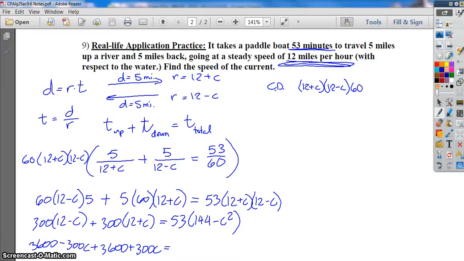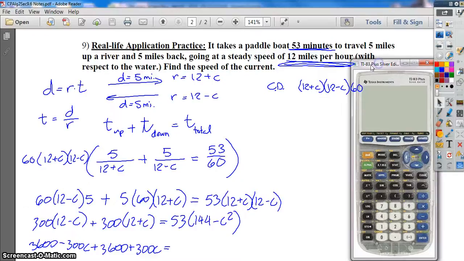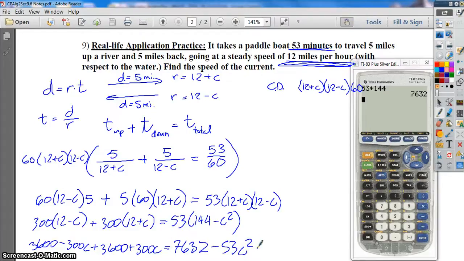53 times 144. I do not have that memorized off the top of my head. So let's pull out our handy calculator, type that in. So I'm going to do 53 times 144. So it looks like 7632 minus 53C squared. Now, the 300C minus 300C cancels out.